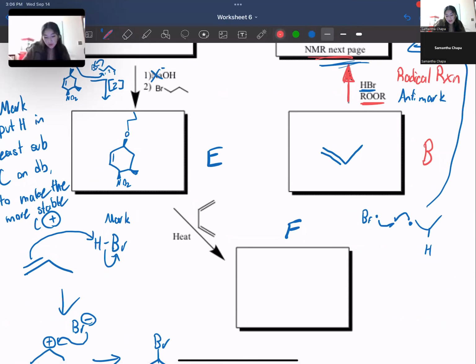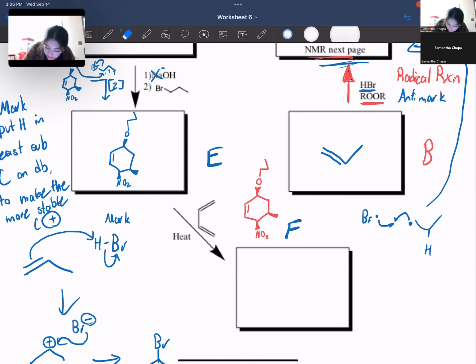Again, on this one, we have an s-cis diene, and we have a dienophile. So we know we're going to undergo Diels-Alder. Just looking at this one is a little bit intimidating, just because we already have a cyclic compound.